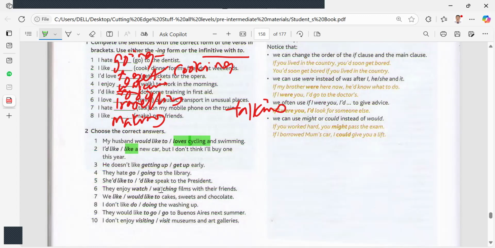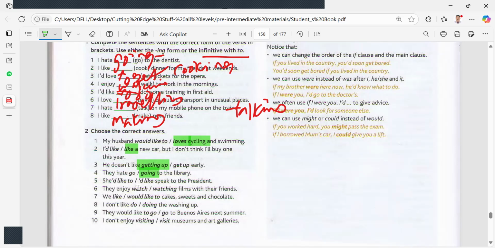Number three. He doesn't like getting up early. Yes, that's right. They hate going to the library. Good. Five.